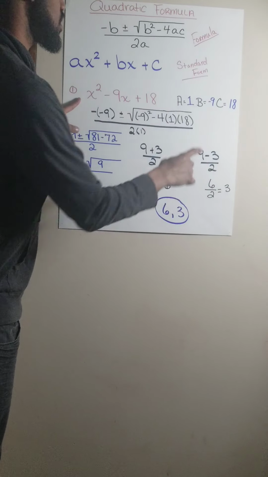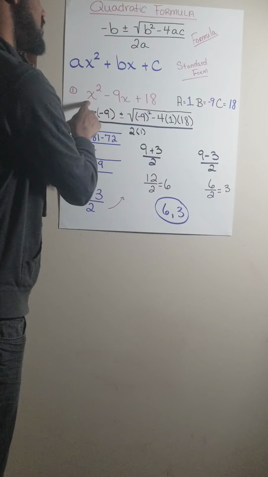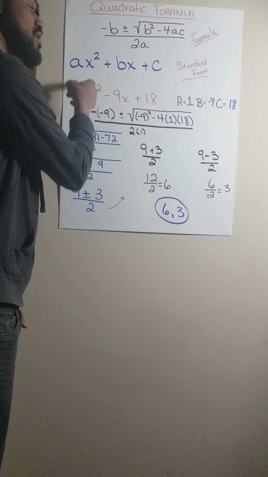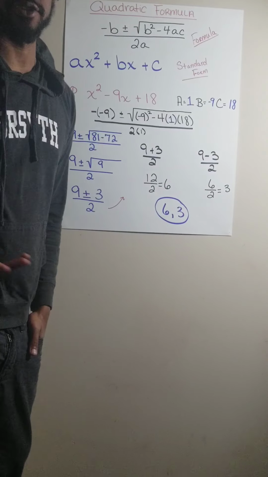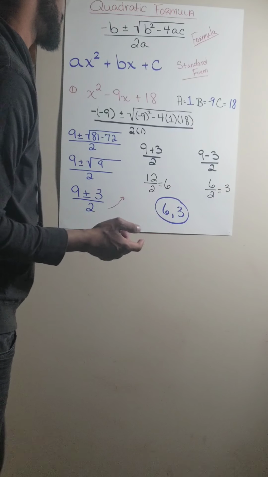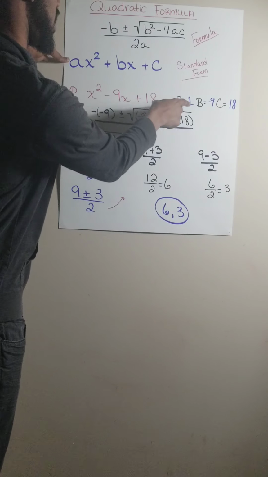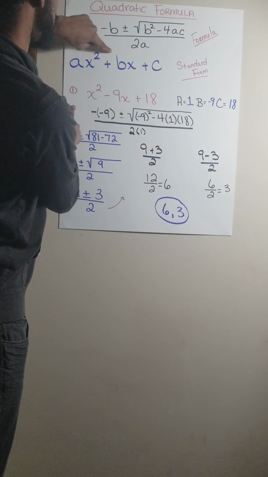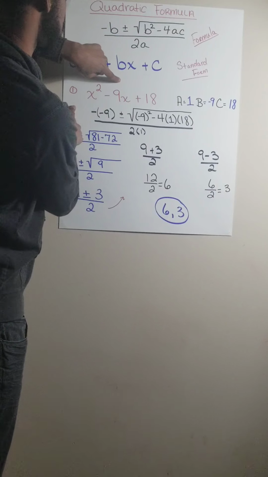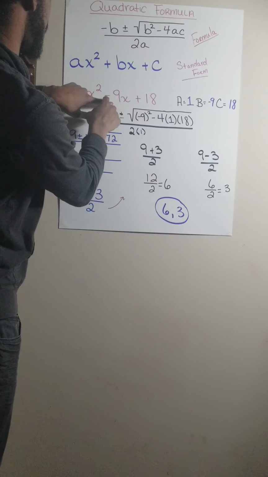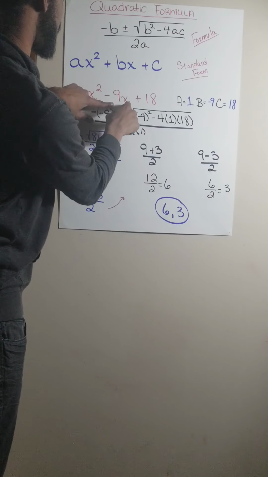So since there's nothing there, we're going to say 1. Remember, a variable by itself has a 1 in front of it, an imaginary one if you want to call it that. So ax squared, we have our x squared here, so a is 1. Let's say bx, so now we have negative 9x.